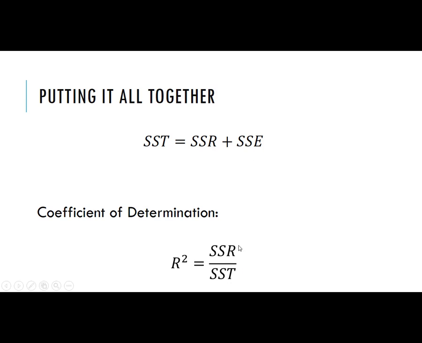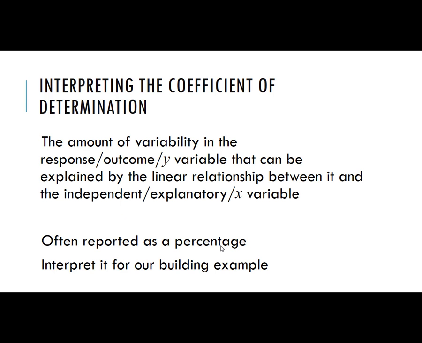This is always going to be less than or equal to 1, because SST is the total, and SSR is part of that total. So the closer it is to SST, the closer it is to a 1, which means more variation is explained.